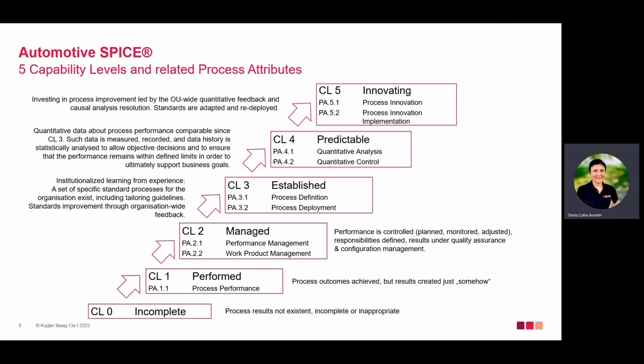Capability level 1 looks to see, did we achieve the outcomes? In capability level 2, you have 2 aspects. Did we manage the performance of the way we're working, our processes, and also are the work products managed effectively for quality of the work products and configuration management of the work products?